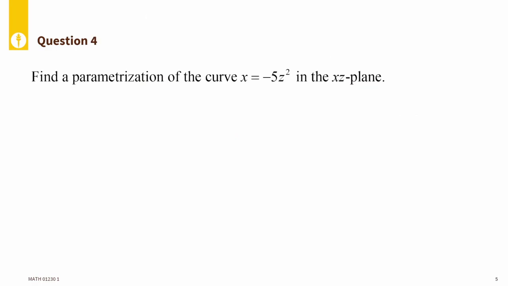So parameterize the curve x equals negative 5z squared in the xz plane. All right, so this curve is strictly in the xz plane. And we want to find a parameterization for it. No need to overthink this.